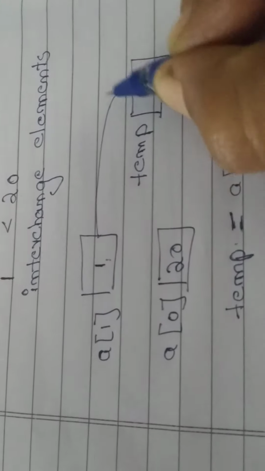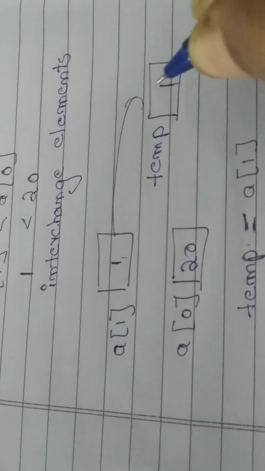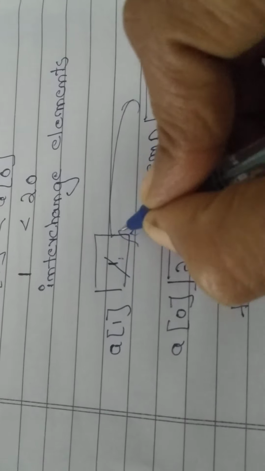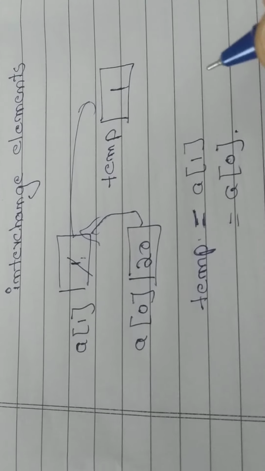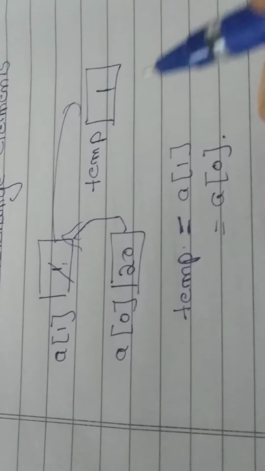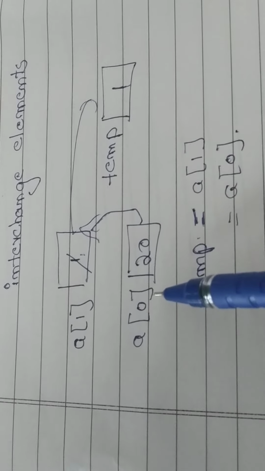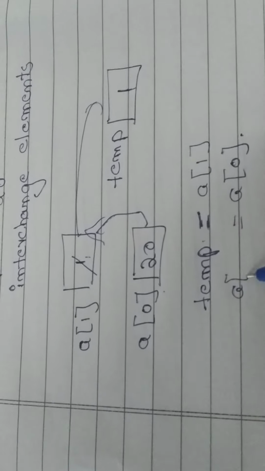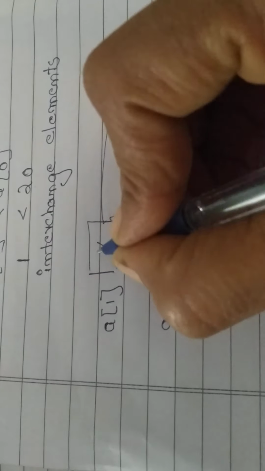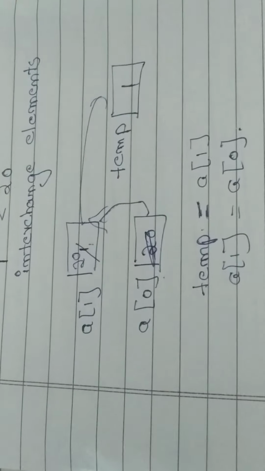This one we will shift here, meaning 1 here. Now whatever is in A of 0 is shifted to A of 1. Means what? 20 came here.